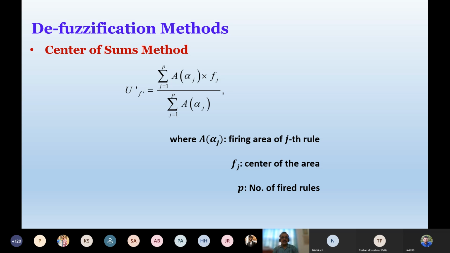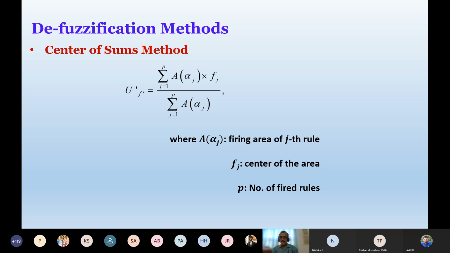And from symmetry, I can also find out the centroid, that is f_j. Knowing the values for this area and the center of that area, and by using this particular expression, you can find out the crisp output according to this center of sums method.